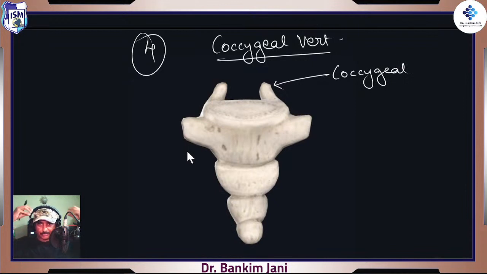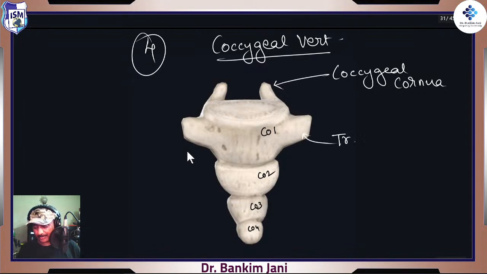Cornua means like horn, right? Just for the sake of giving names, this is CO1, coccyx 1, 2, 3, 4. Just let them be happy. And just this one, it is like, okay, I do have transverse process. So just let them be happy that yes, you also do have transverse process. It is like CO1, coccyx 1.